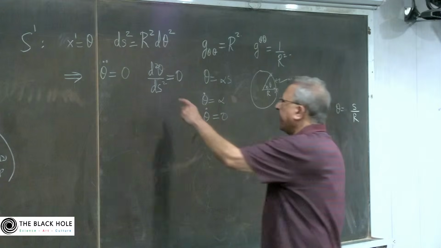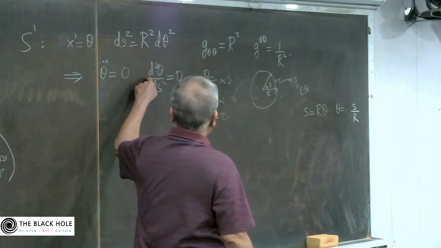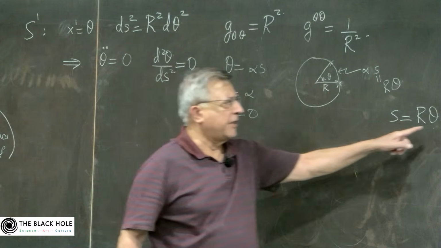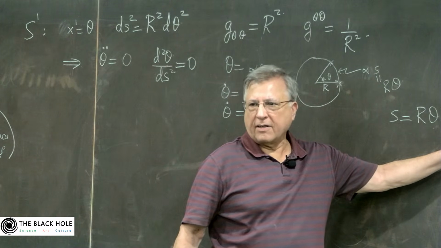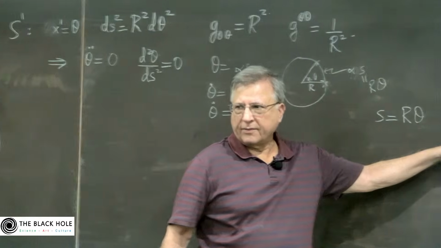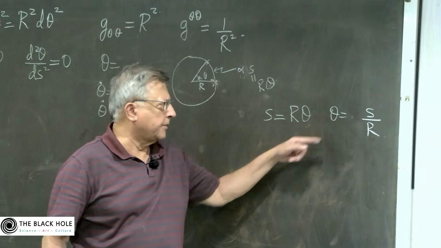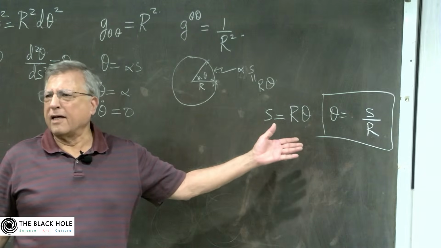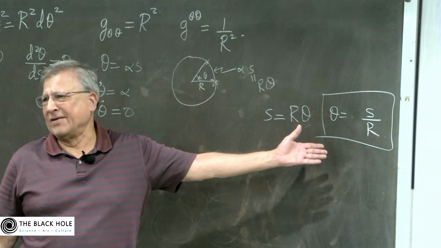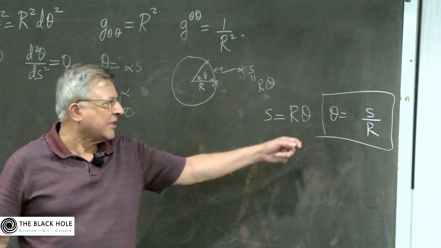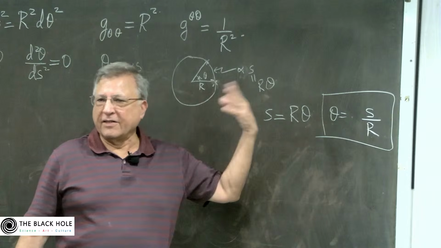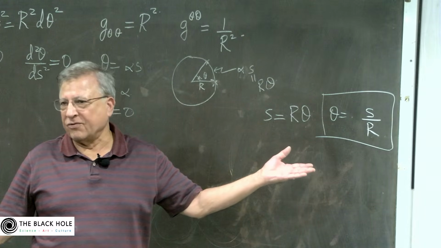See, we have an equation over here, d2 theta by ds squared. So do you agree that theta equals S over R is the solution? Okay, so alpha is 1 over R. You differentiate this, you get 1 over R. Differentiate it again, you get 0.